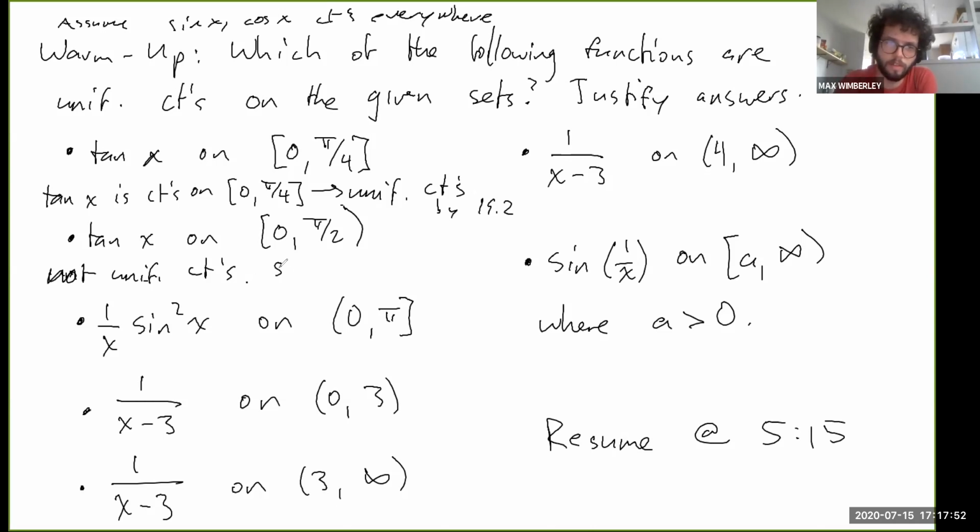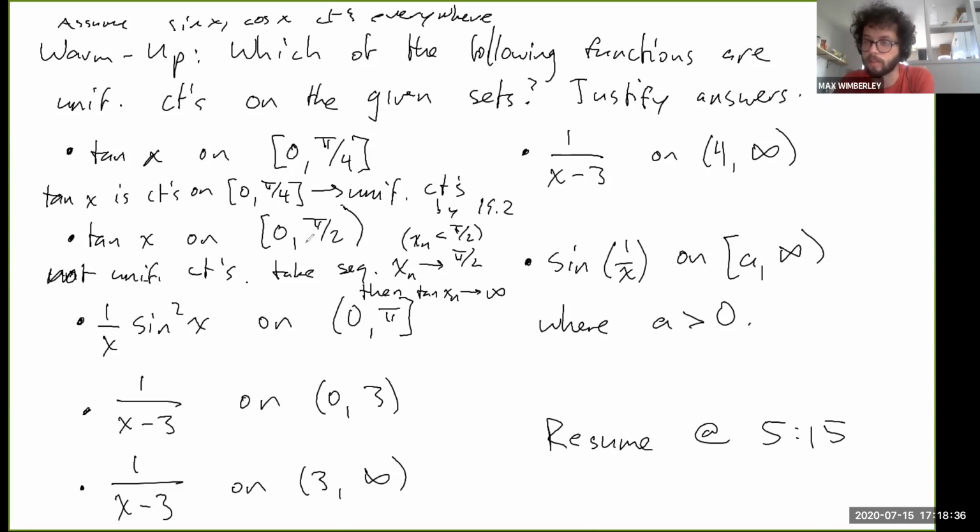Well, okay. The easiest thing to say really is that if you take a sequence xn going to pi over 2, with xn less than pi over 2, then it's easy to show that tangent of xn goes to infinity, just because sine of xn goes to 1 and cosine of xn goes to 0, and both sine and cosine are positive.